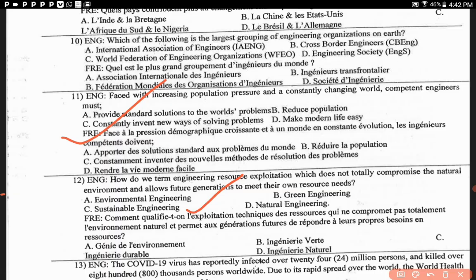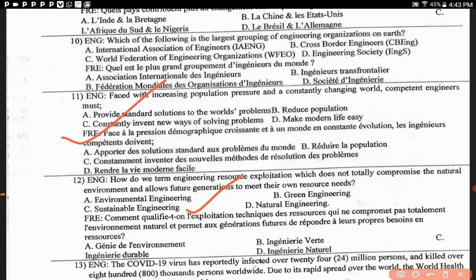is actually a way of remediation and protection of the environment, meaning that it is a related discipline, but not the exact terminology that we can use. And it does not really emphasize the use of resources in a way that future generations will also meet their own needs. So now the next we have option B, which is green engineering.